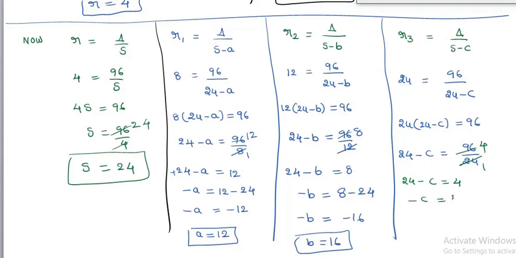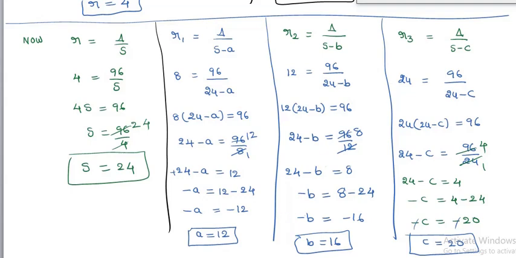Minus C is equal to 4 minus 24. Minus C is equal to minus 20. So both side negative cancel. C is equal to 20. A value 12, B value 16, C value 20.